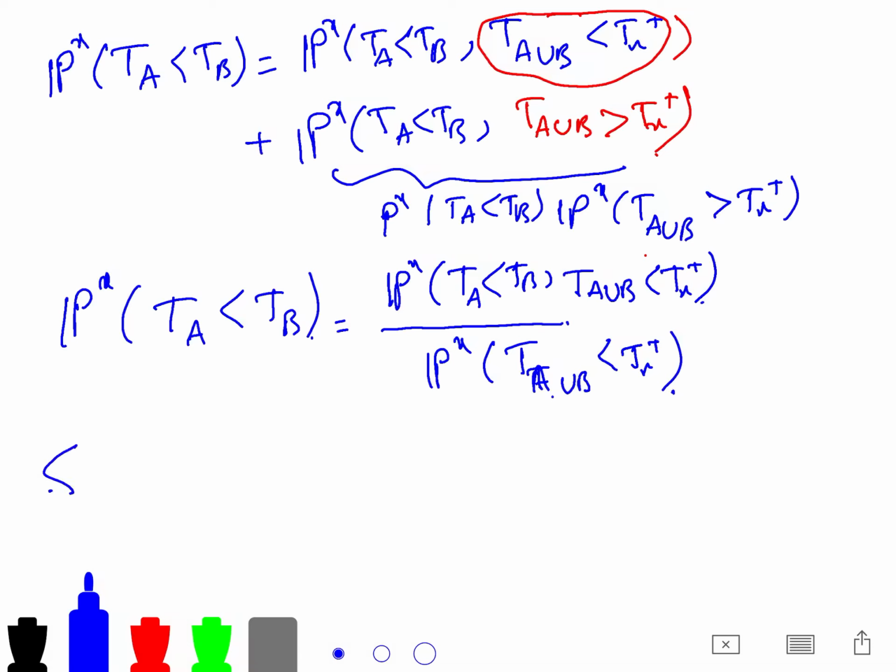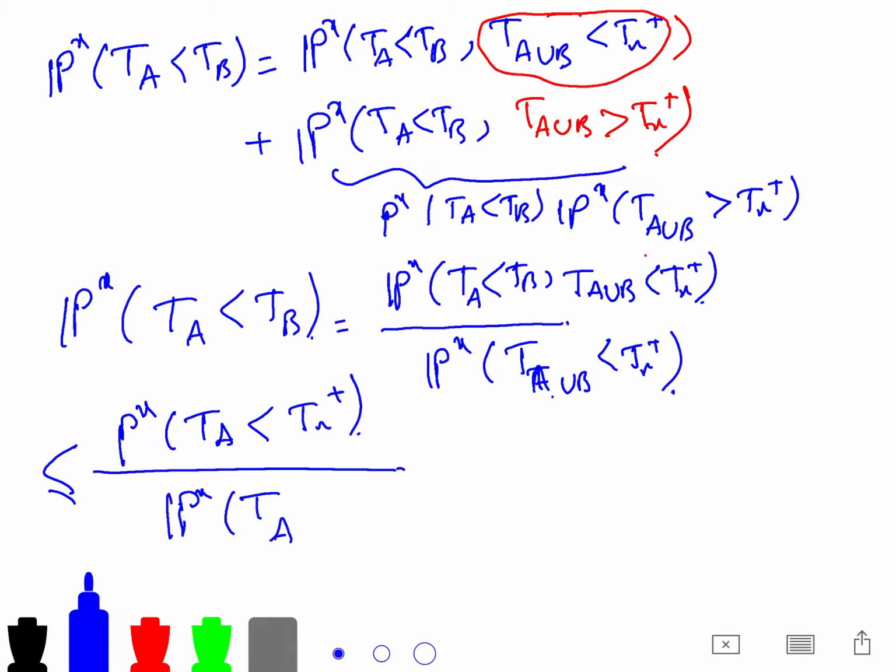And this is bounded by the probability that Ta is less than Tx plus, and it is bounded by Ta union B less than Tx plus. So using the previous lemma, we get an upper bound.